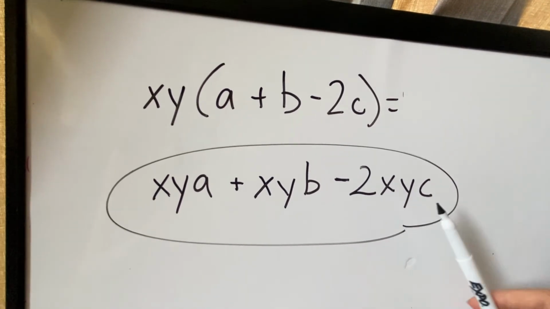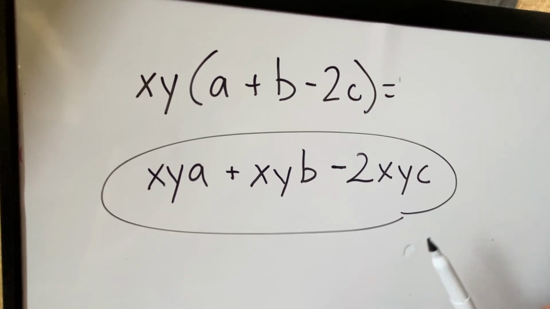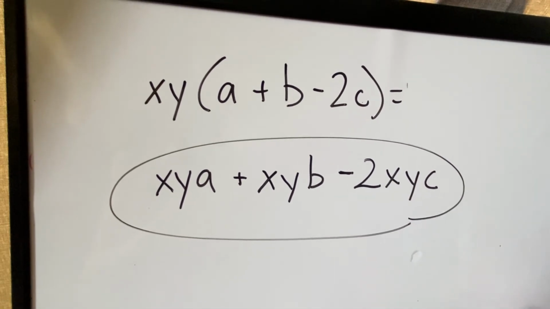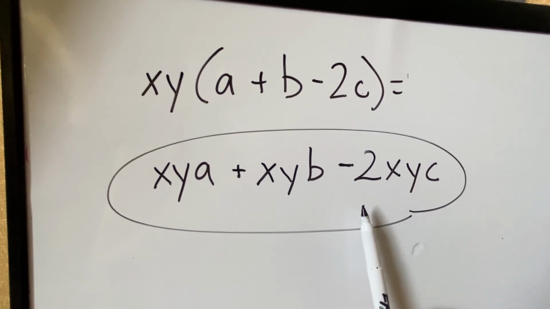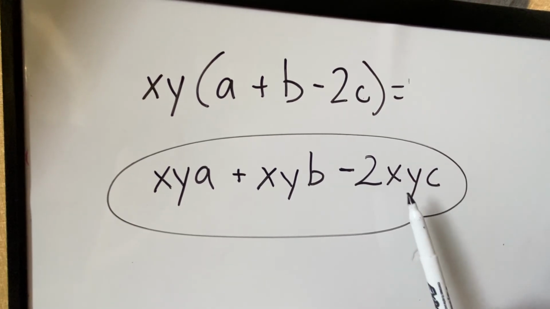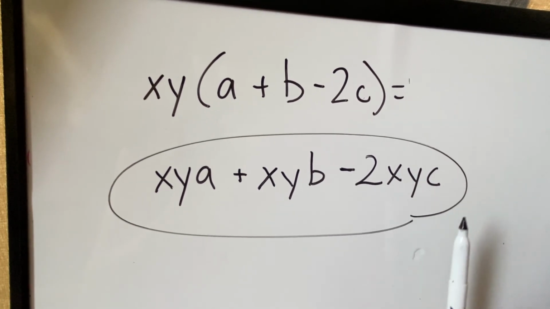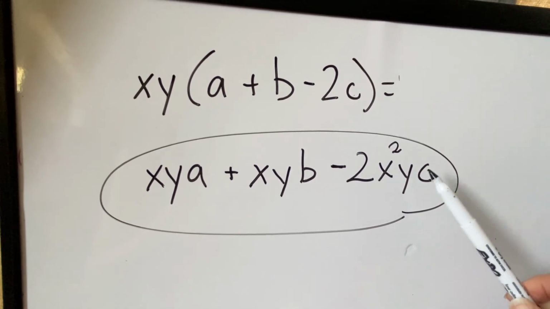These variables can go in any order you want them to, but it's good to be consistent in how you write them. Like I will always write the numerical coefficient first, and then usually I will write my highest exponent value. So maybe if this was x squared, then I would put that there.